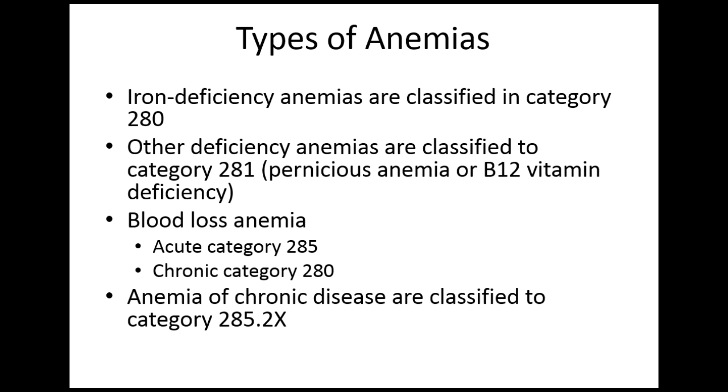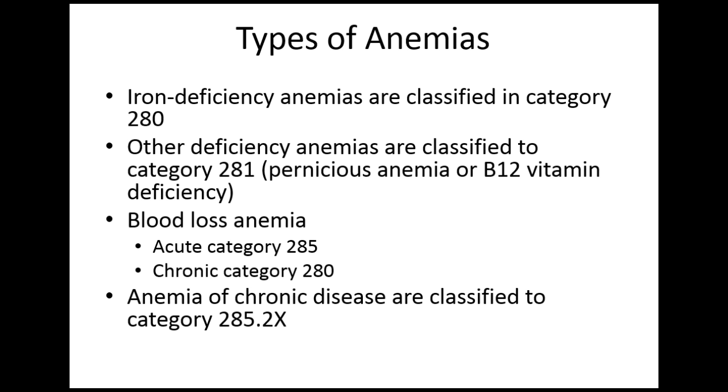Anemia in, due to, or with neoplastic disease is coded to 285.22 plus the specific neoplasm code. Anemia of other chronic disease is coded to 285.29 with an additional code for the chronic condition causing the anemia.